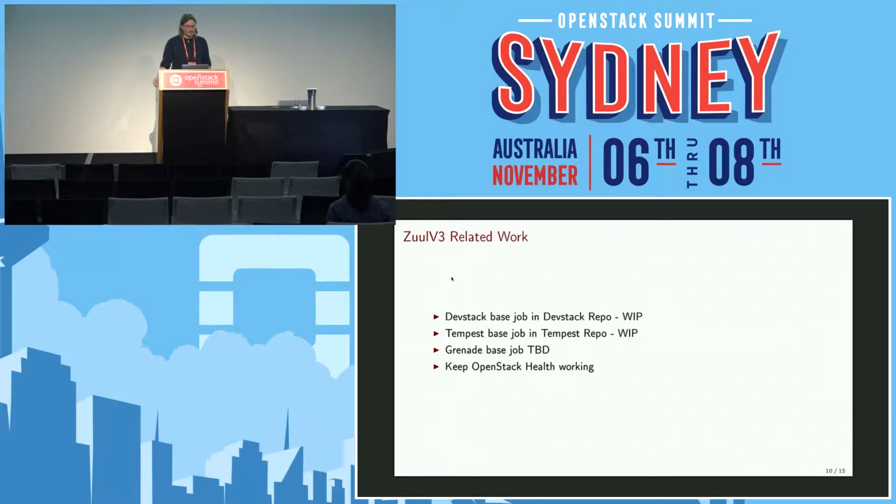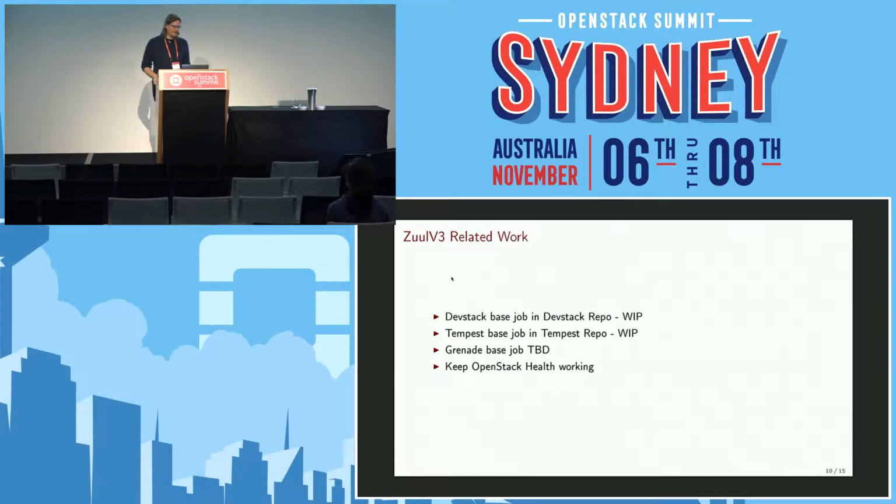So we are working on migrating existing jobs into the Zuul v3 native format. As a QA team, what we are doing is migrating the base DevStack job and creating the base Tempest job. We'll also create the base Grenade job, which has not started yet. And the idea is that then everyone can rewrite their existing Tempest and Grenade jobs just by inheriting from these base jobs and adding a few flags. So hopefully this effort will make it easier for everyone to migrate into Zuul v3 native jobs.